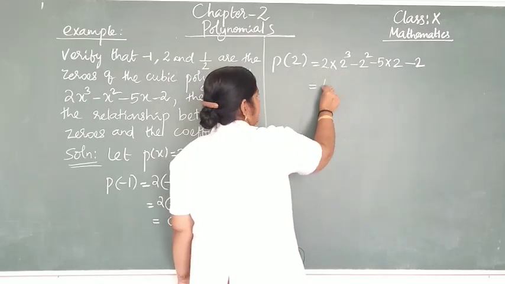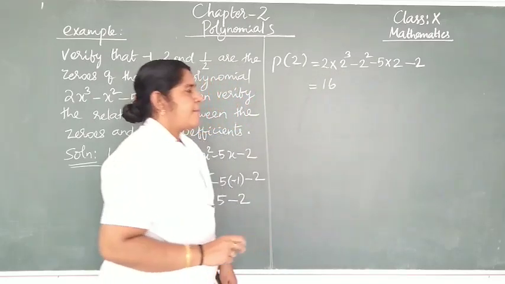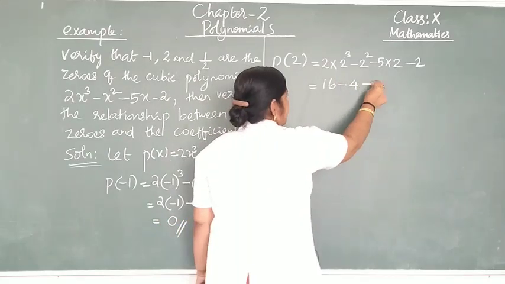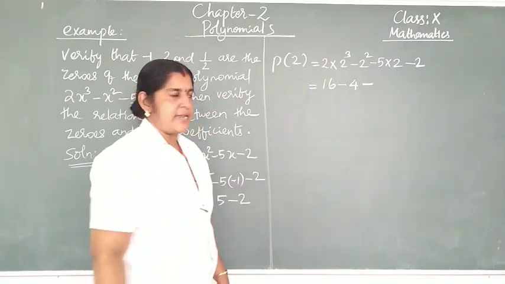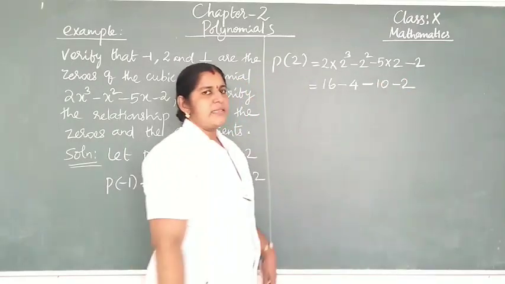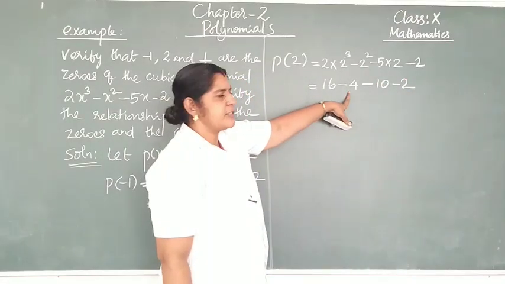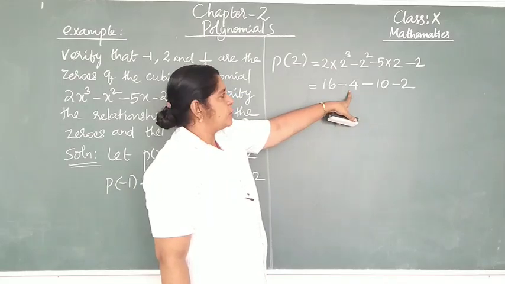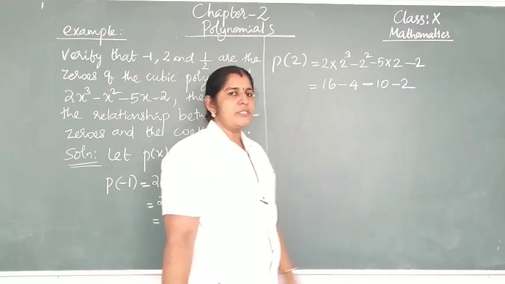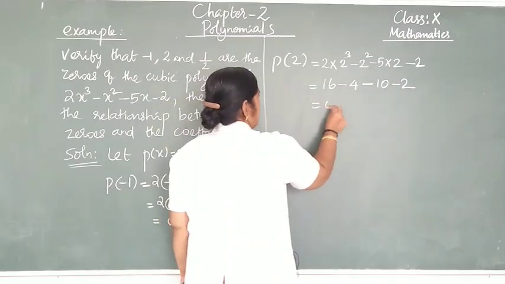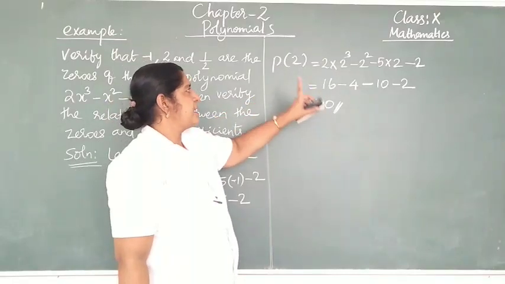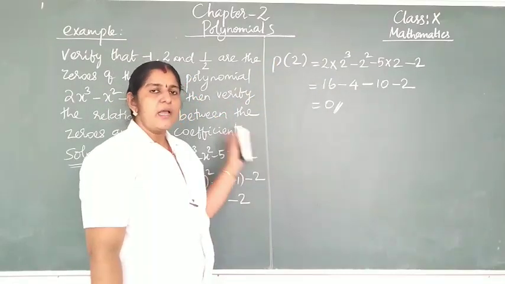So 8 into 2 is 16, minus 2 square, 2 square is 4, minus 5 into 2 is 10, minus 2. Now add this. What do you get? 16 minus 4 is 12, 12 minus 10 is 2, 2 minus 2 equal to 0. So thus you got p of 2 also equal to 0. That means 2 is also a zero of the polynomial.